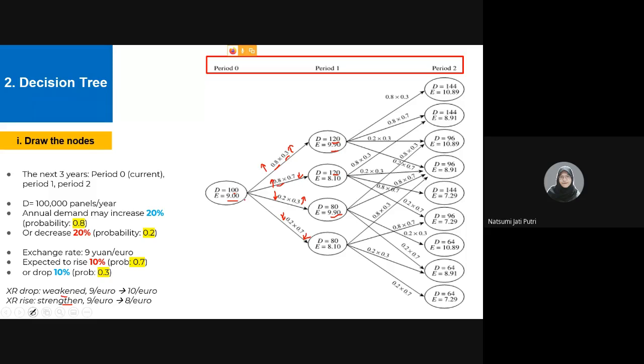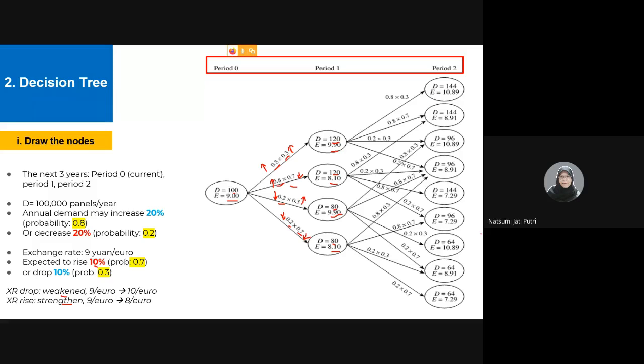And we can just compute 9 times 10%, which is 0.9, and we get this from 9 minus 0.9, and we get 8.1. And then for the decrease in demand here, also the same, 100 times 20% is 20, and just minus, 100 minus 20 is 80. And we finished with the period 1.